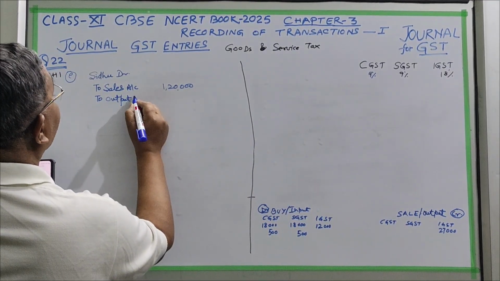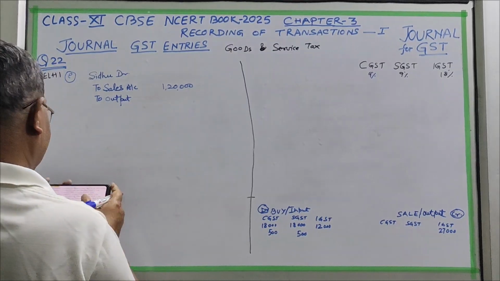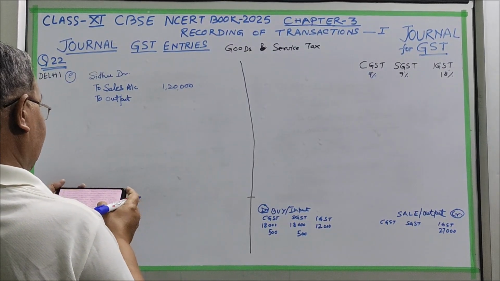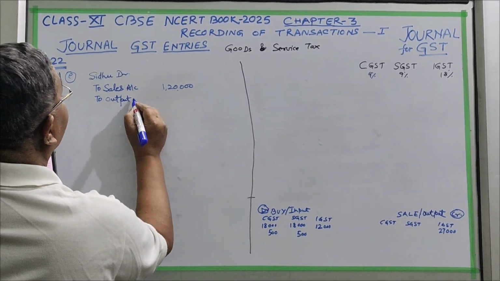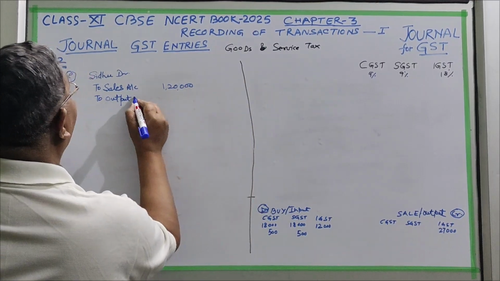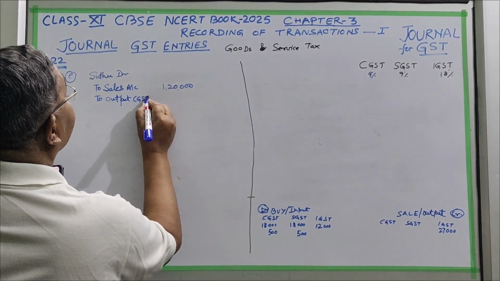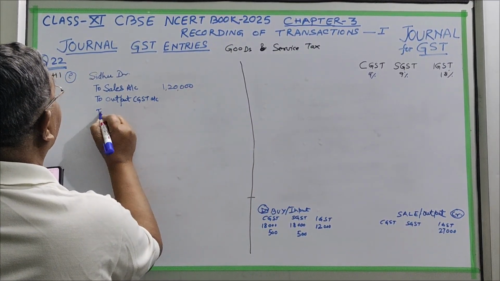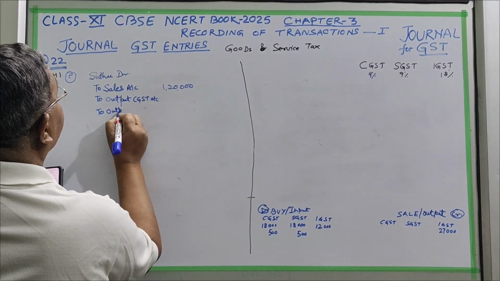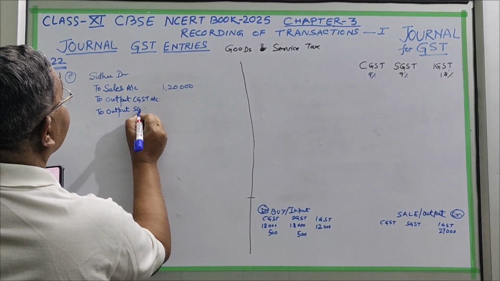Output. It is Delhi to Delhi, goods sold within Delhi, so it will be output CGST account and output SGST account.